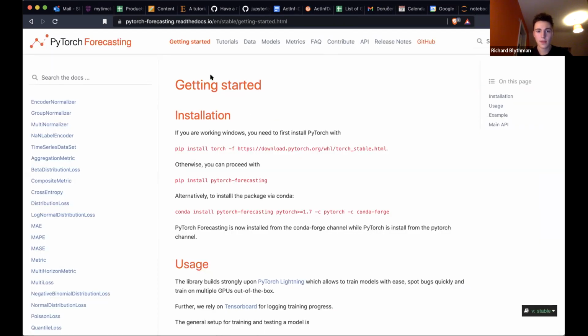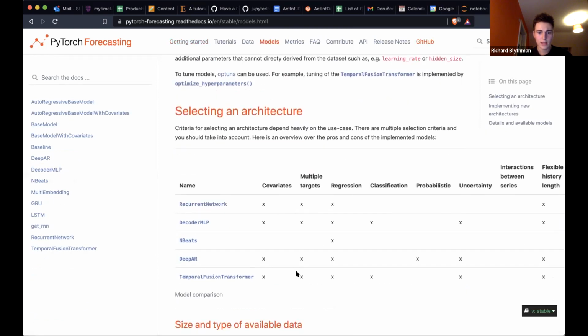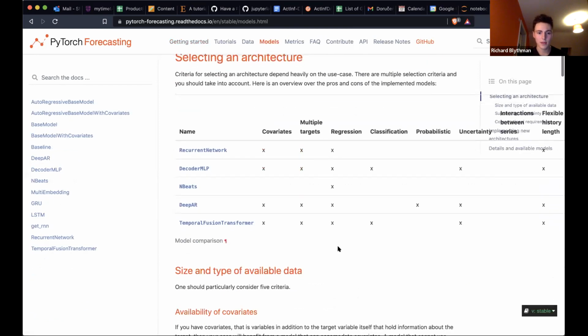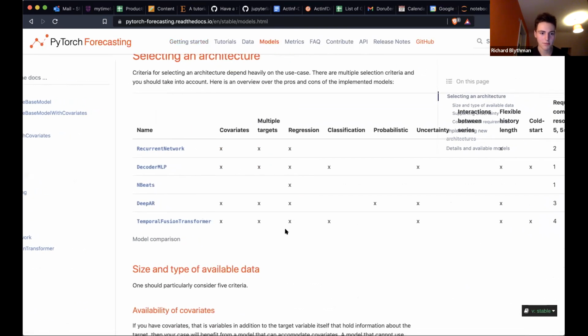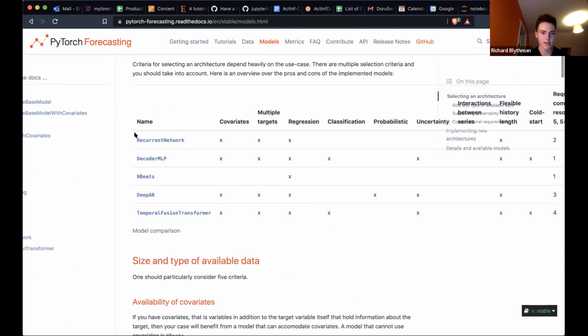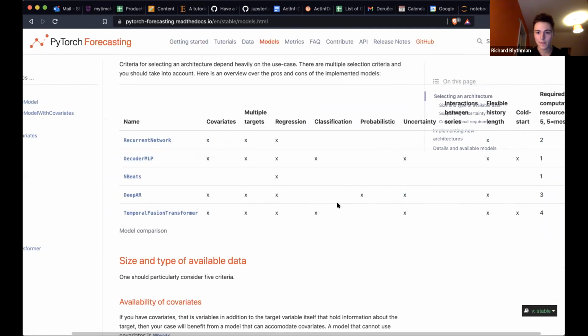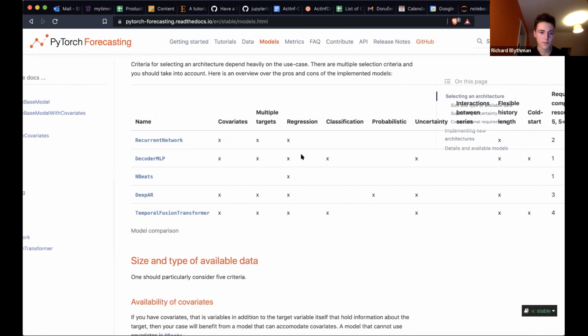I don't know which other models they have. I think the temporal fusion transformer is the main one, and they don't have that many. But we can try the other ones.